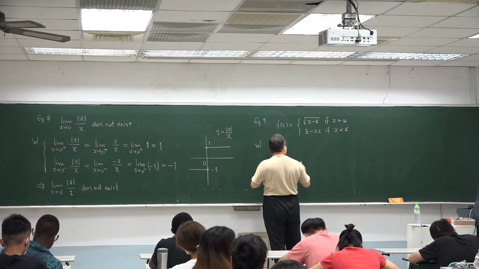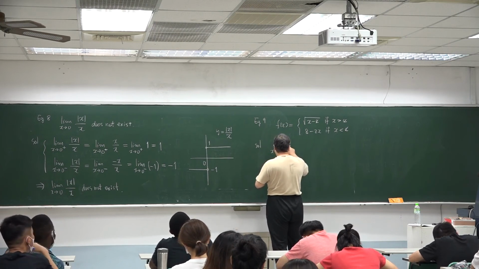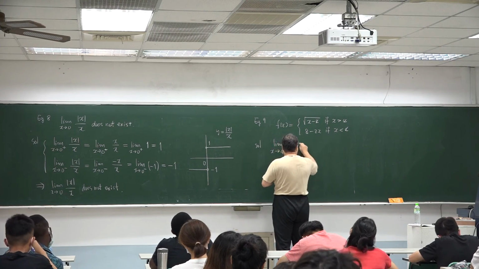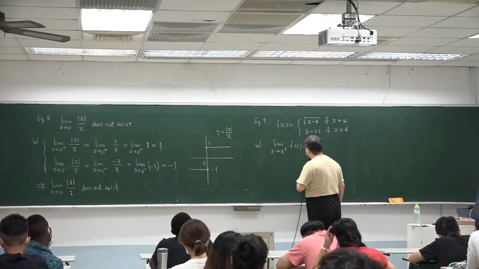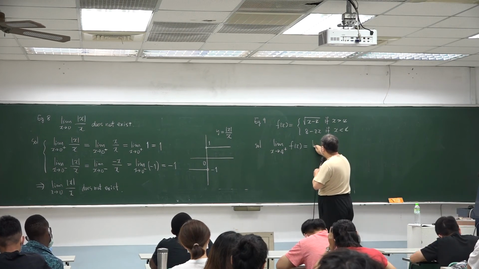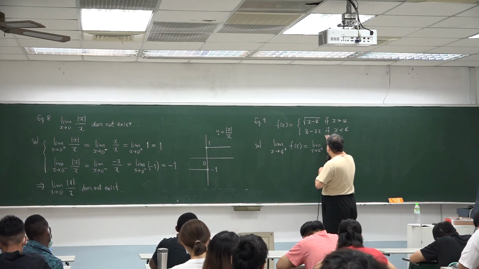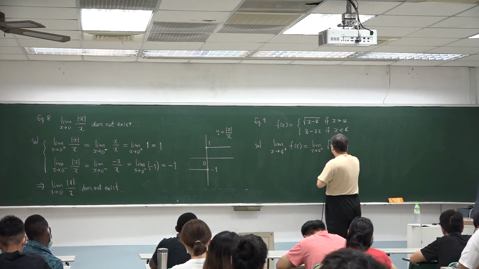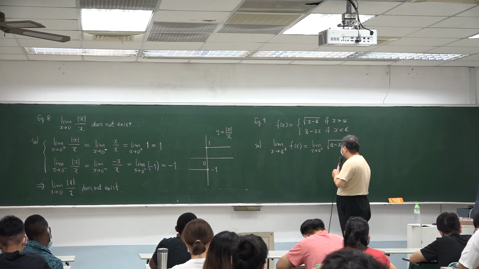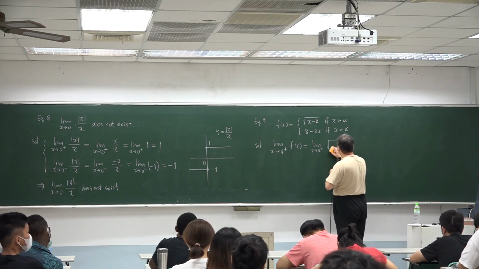Again, we consider the one-sided limits at 4. According to the definition of the function, if x is greater than 4, this is the square root of x minus 4.